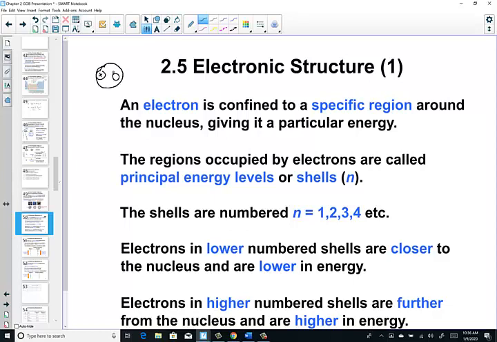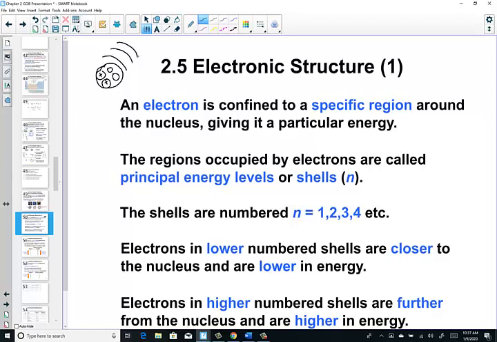If I don't draw a charge in there, you know I'm referring to a neutral neutron. And we've talked about the electrons residing outside of the nucleus. We've never really discussed yet how they're organized. So that's where we're going to pick up with this story, the organization of electrons outside of the nucleus.